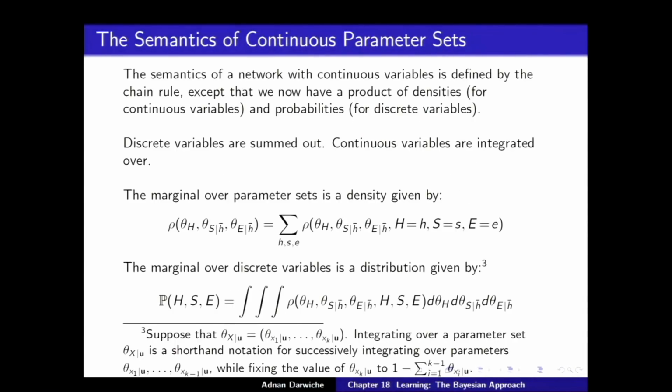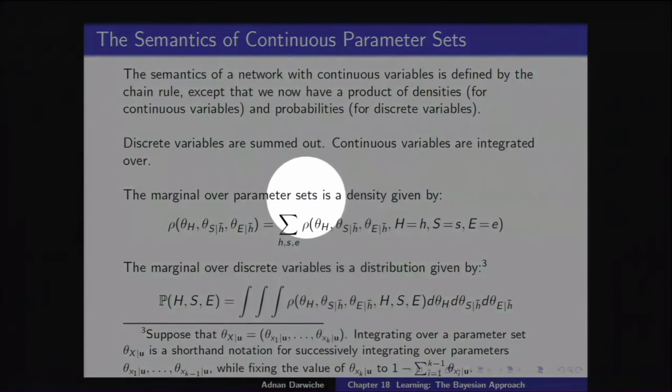Now, as we know, when we wanted to sum out discrete variables, we do a summation like this. So if you have an expression like this, and you want to sum out these, you just do a summation over all possible values of H, S, and E. Now, if you do that, what do you get? You get a density over the other variables, right? That's when we sum out discrete variables. What happens when you sum out continuous variables?